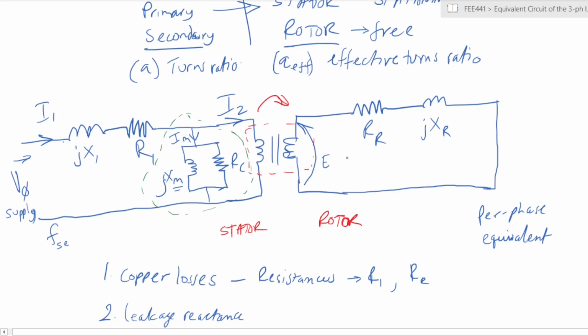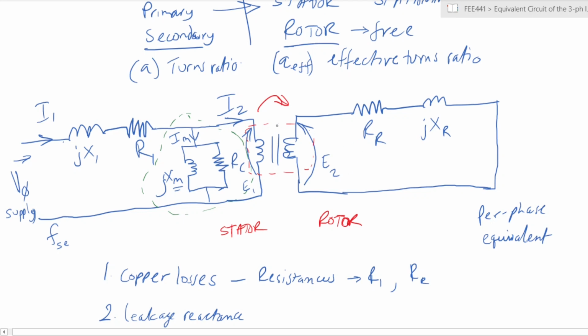Just trying to check what its denotation is. It is E2. And at this side, we have E1. The drawing is a bit squeezed, but the voltage that is seen from the rotor side as a supply for the stator is denoted by E1 and E2.